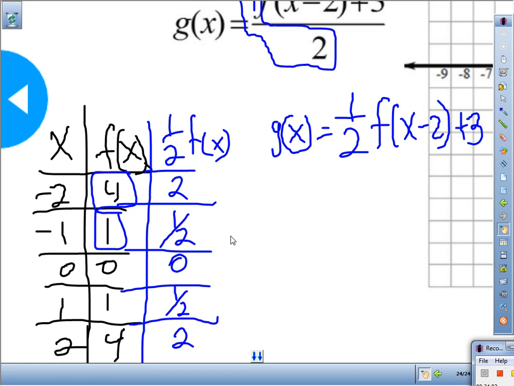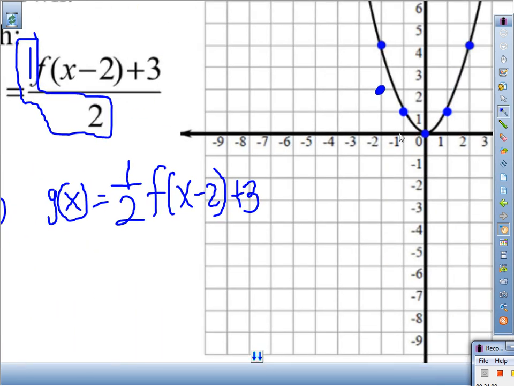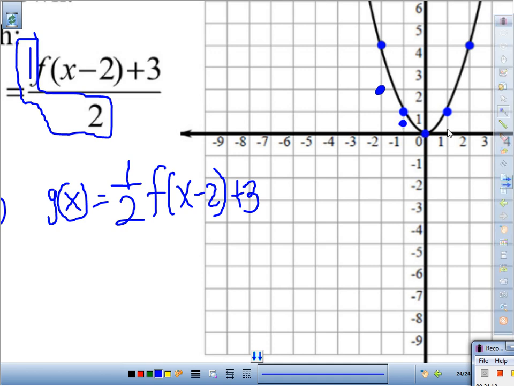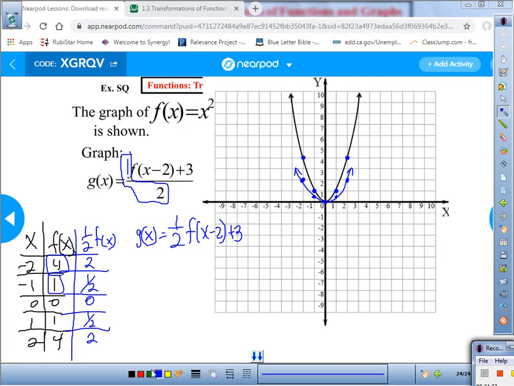Next one, -1 and 1/2, which is right there. 0, 0, 1 and 1/2, and 2, 2. So what happened to it, everyone? It compressed.